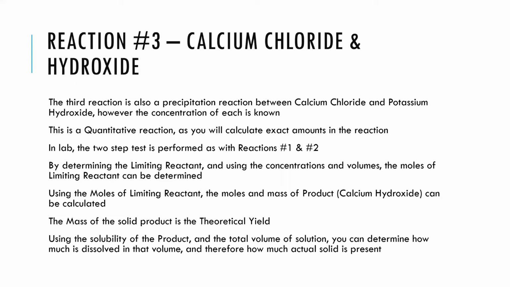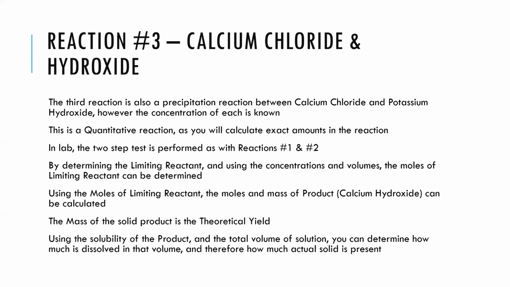Everything has some sort of a solubility associated with it, even these, the precipitate, the calcium hydroxide in this reaction. So when you go through this reaction, you can determine what is the mass of the calcium hydroxide product, but also how much of that mass, how much of that theoretical yield is actually there, because some of it does dissolve.